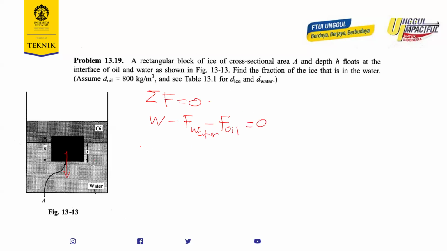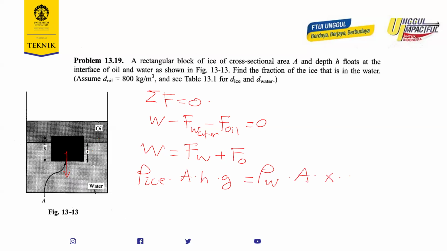So the weight of the rectangular block of ice is equal to the buoyant force of water plus the buoyant force of oil. That means rho ice times the area A and H times g equals rho of water times A times X times g, plus rho of oil times A times (H minus X) times g.